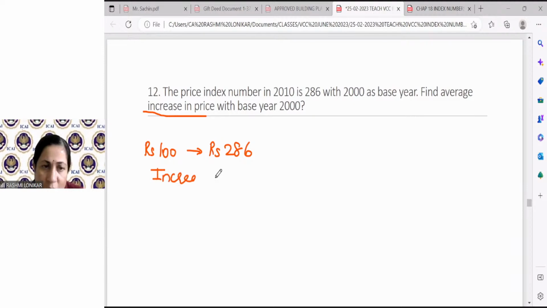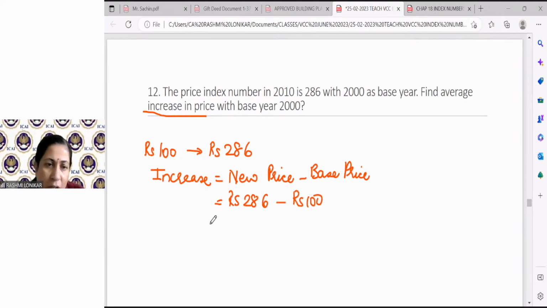Increase will be equal to new price minus base price. What is the new price? Rupees 286. What is the base price? Rupees 100. Okay. So this is equal to how much? Rupees 186.